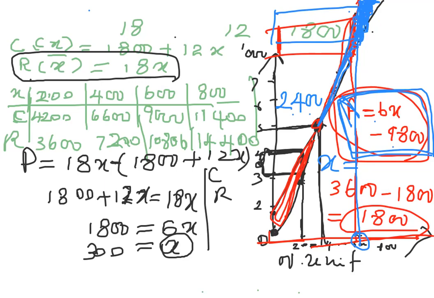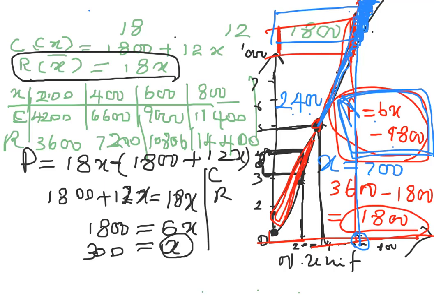When we bring this minus 1,800 to the other side, all together it becomes 4,200. Then to get the x value, we need to divide by 6. That means 700. When we simplify, we get x equal to 700.